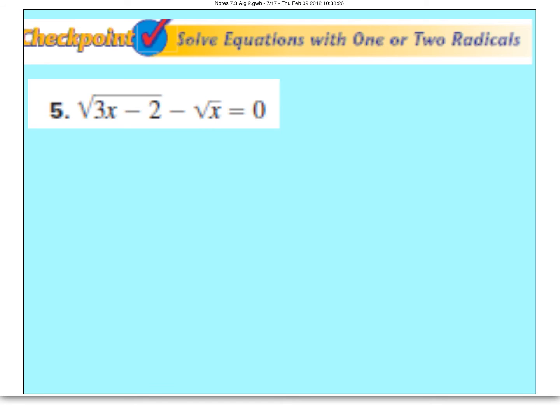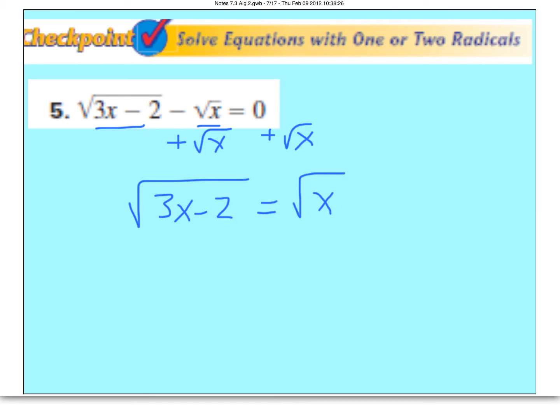Here's another example like that one. If you notice, we have one radical and another radical separated with a subtraction, or an addition sign would also be the same thing. I'm going to get them on two separate sides of each other. And I'm just going to show you this trick. Instead of rewriting the radical as a 1/2 power, if we have a square root here and a square root here, I would come in and square both sides and they would cancel out.